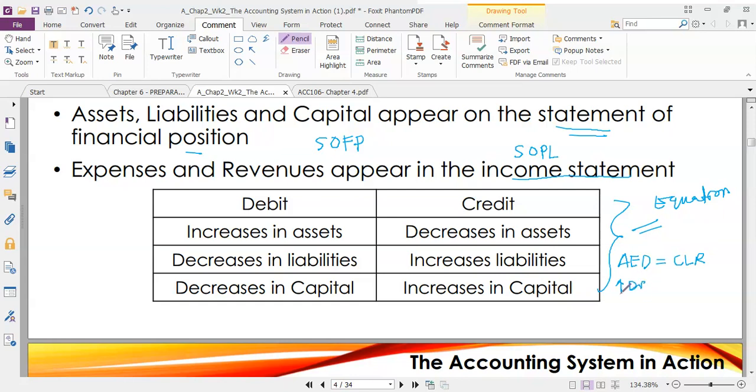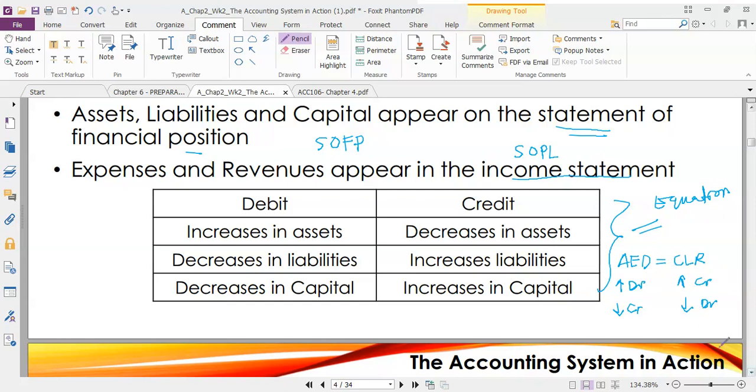Debit side, my dear. AED, if decreasing, we must put on what side? Yes, credit side. For CLR, if increase, we must put in what side? Very good. If CLR is decreasing, we must put in debit side.